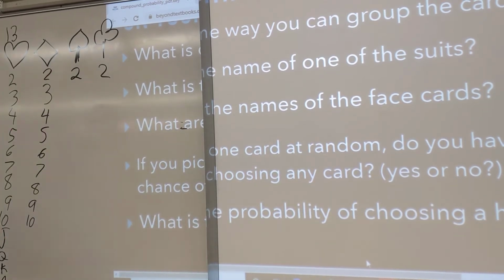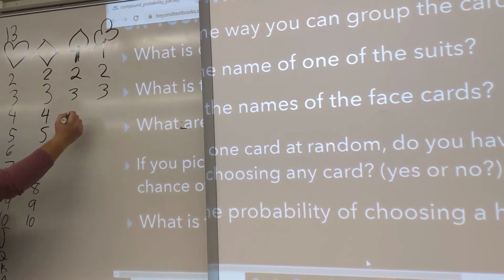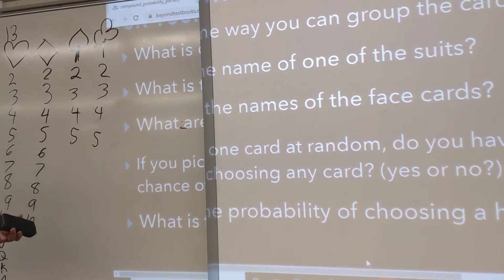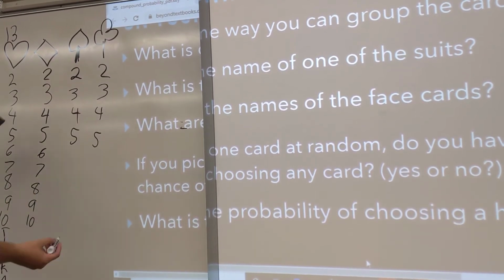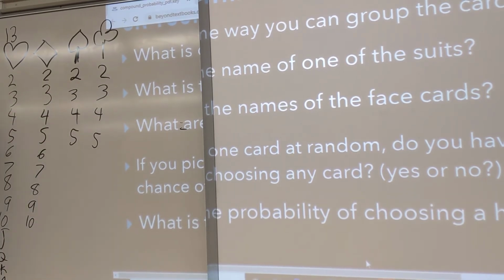We could group them by their numbers. Remember, I just am not filling these in all the way here. How many would be in each number? Well, there's 4 2s. So we could group them, there's 4 in each of these, isn't there?